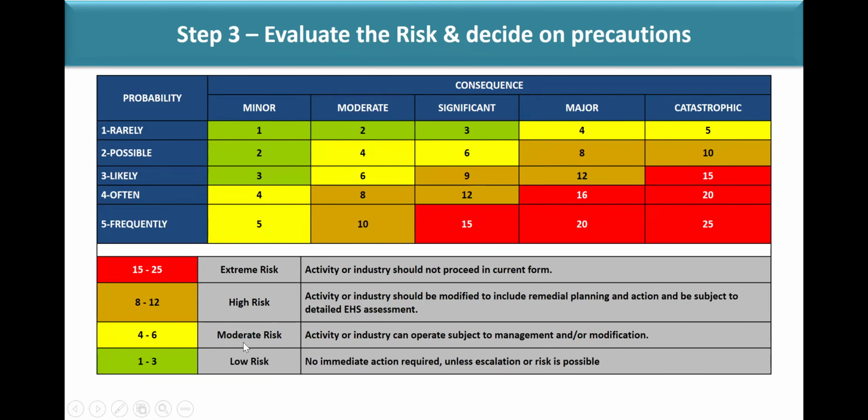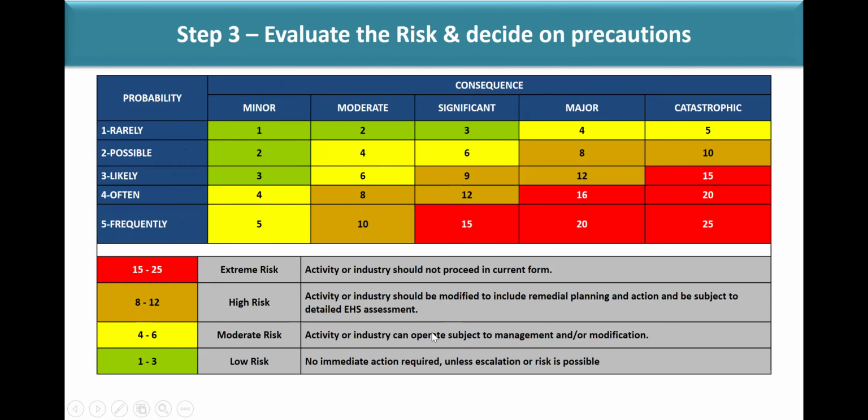Then 4 to 6, this is the multiplication, like 2 and 3 will be 6. On the y-axis is the likelihood or probability, on the x-axis is the consequences or the severity. So if 4 to 6, no need for modification. If the risk is high, it needs modification.